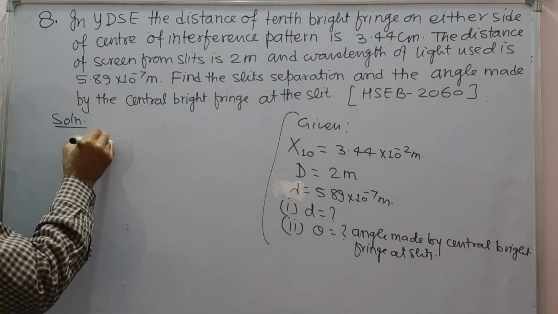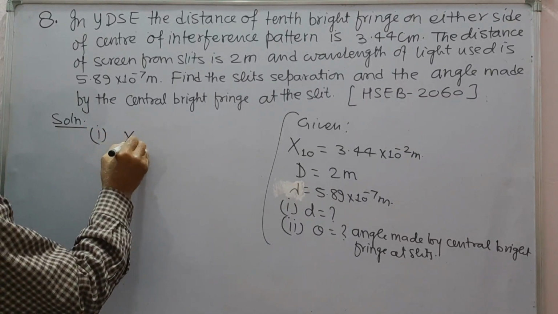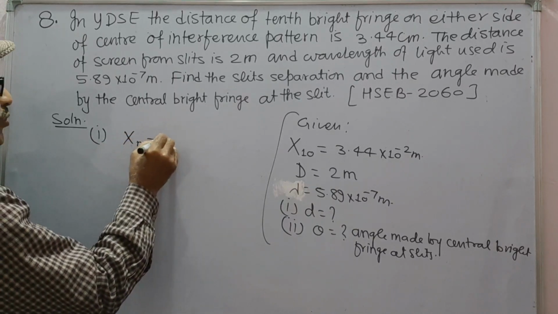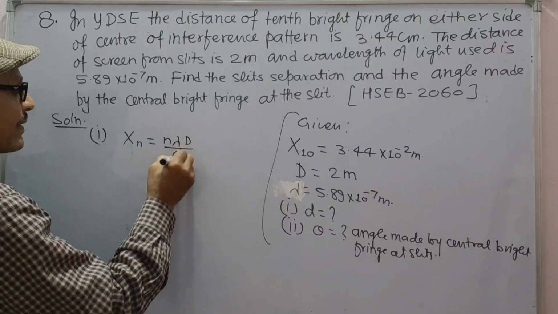Now solution first. For nth bright fringe, xn is equal to n lambda D upon small d.